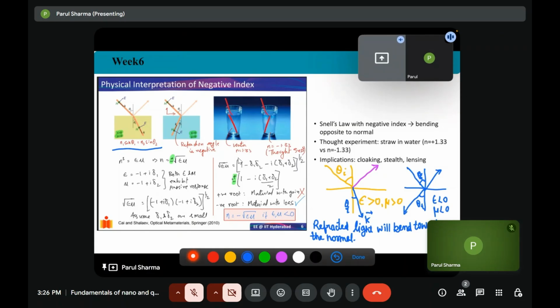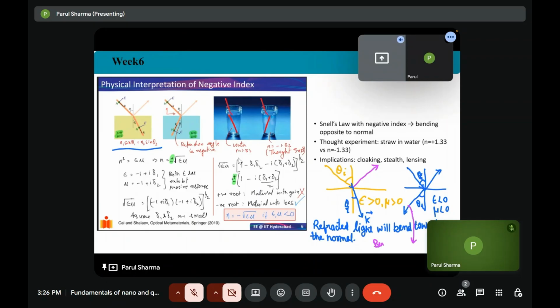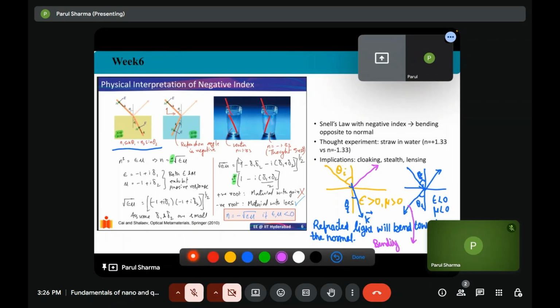Then you see that the light is coming like this, but the refracted light will bend away from the normal. So bending is away from the normal.